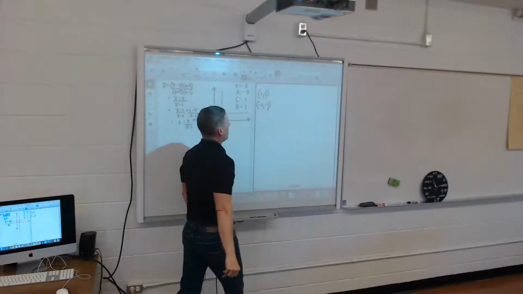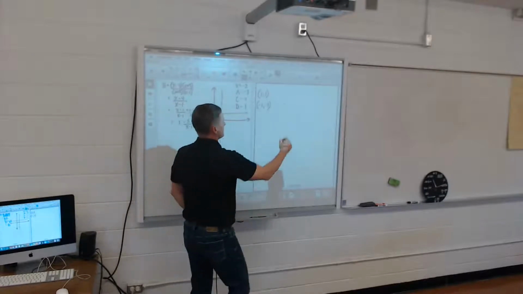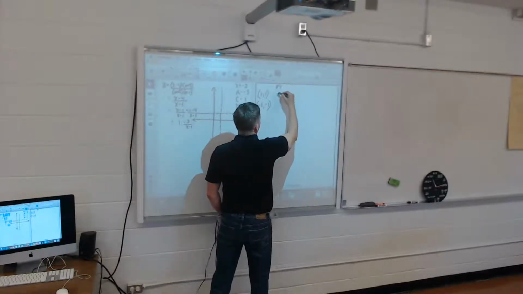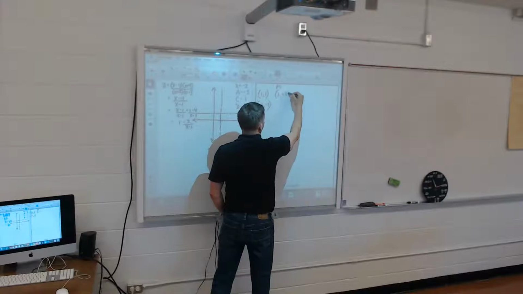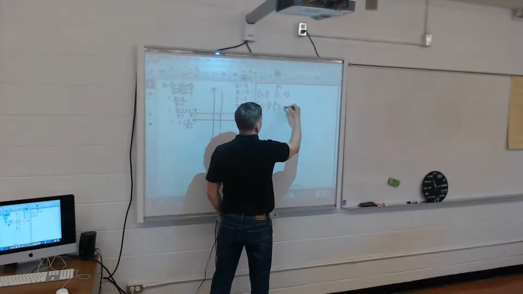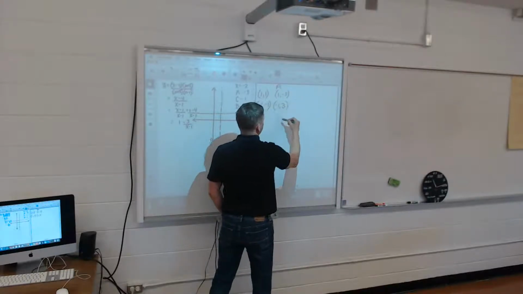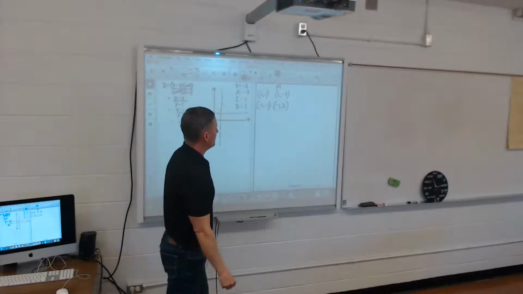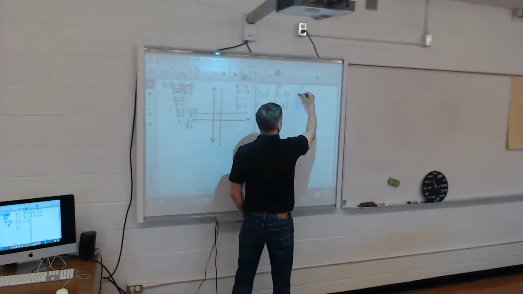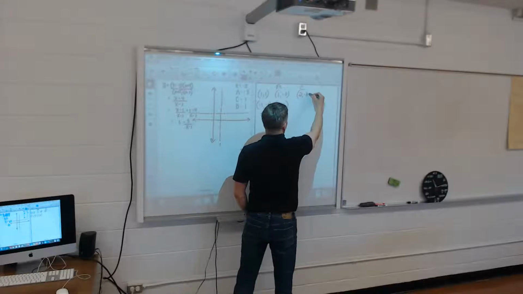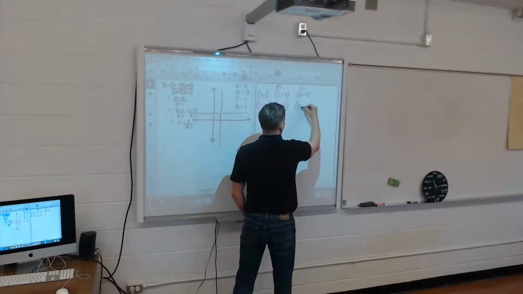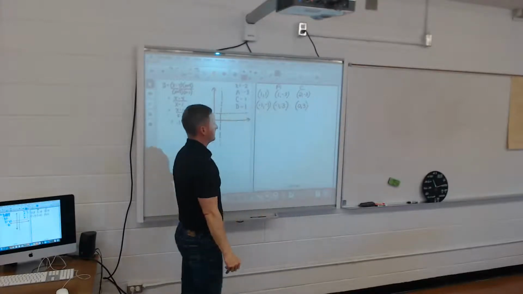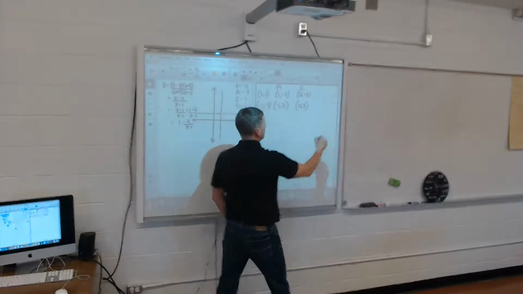I'm going to follow those along. Because of a, this becomes 1 and -3, and this becomes -1 and 3. Move them both right 1: 2 and -3, 0 and 3. And then move them up 1.